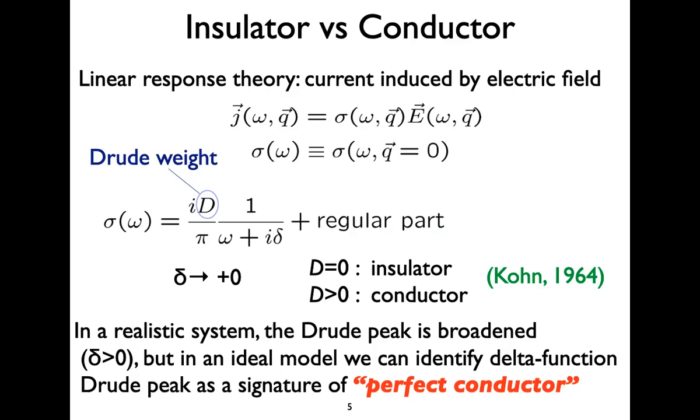So at least as a first approximation, you can regard this wavelength as infinite, which corresponds to taking the wave number as zero. In other words, I want to focus on the response of the current to a spatially uniform electric field. But still, it can have a frequency.